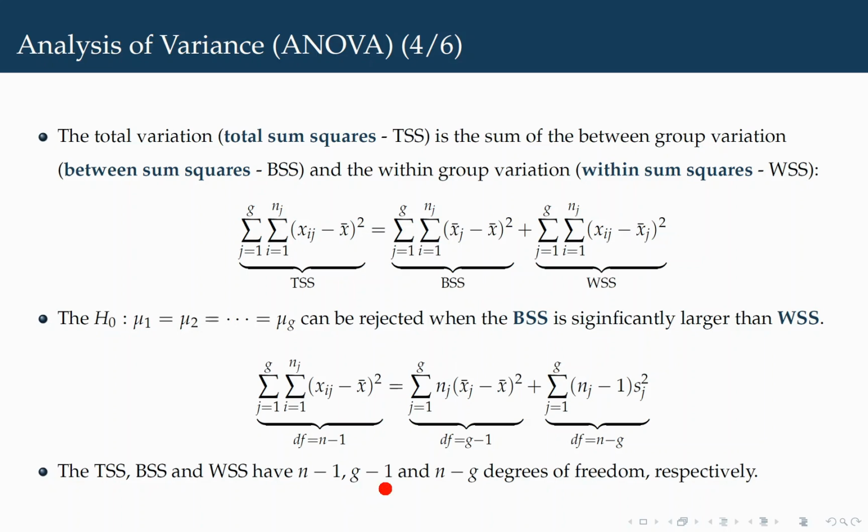And the degrees of freedom for the within sum squares is n minus g, total number of observations minus number of groups. So this is the total sum square. This one is the between sum square. This one the within sum square.